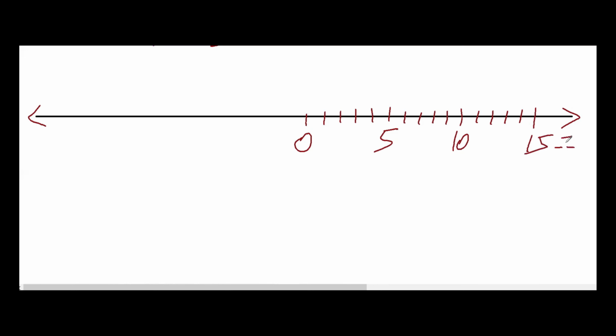Like that it will go till plus infinity. Here -1, -2, -3, -4, -5. Here -6, -7, -8, -9, -10. Here it will be -11, -12, -13, -14, -15. Like that it will go till minus infinity.